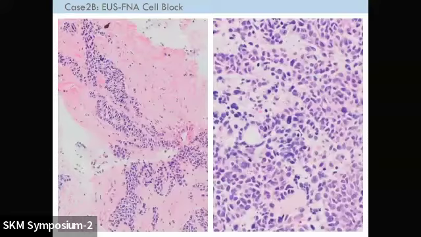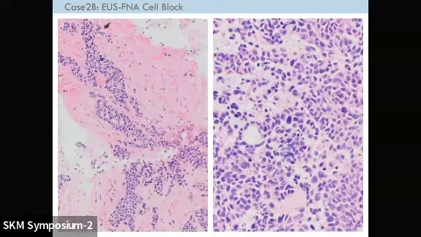This is the cell block that shows a high-grade tumor with focal glandular formations. Over here, you can see some glandular elements intimately associated with this solid high-grade appearing tumor, which is to some extent similar to what we saw in the last case.